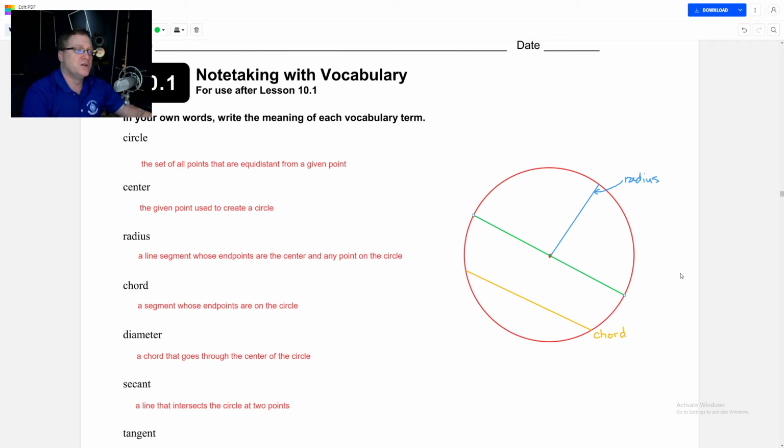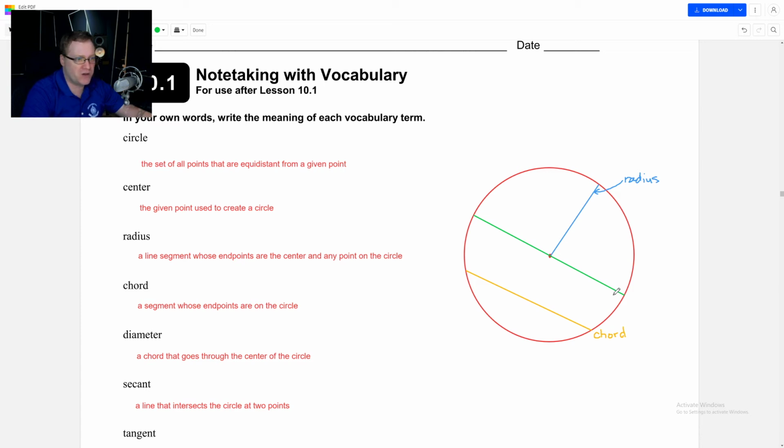So this green line is a diameter because it is a chord. It goes from one side of the circle to the other side, just like this chord does. But it's a special chord because it goes through the center. So we call this a diameter.